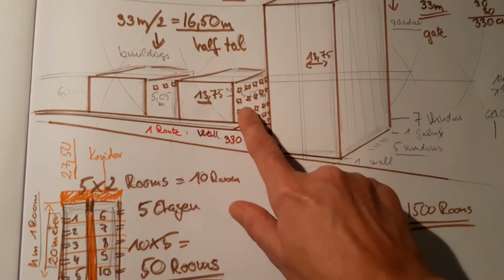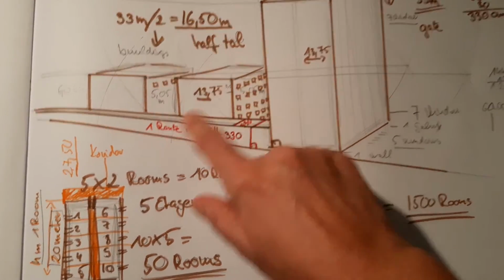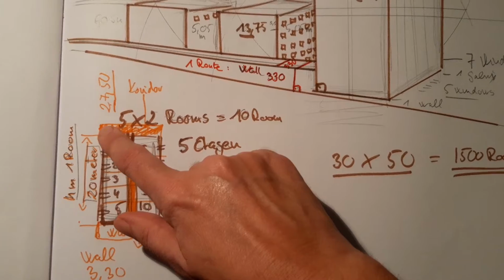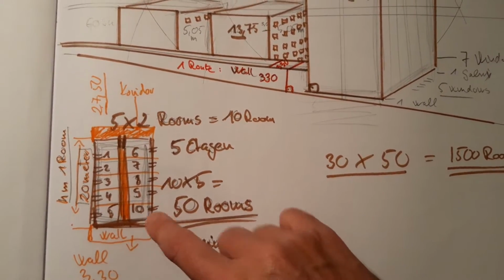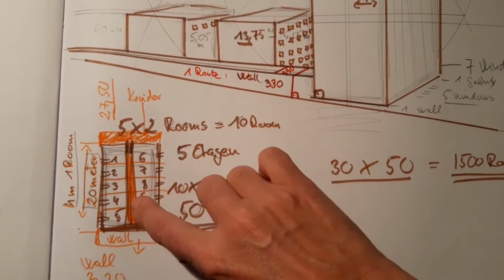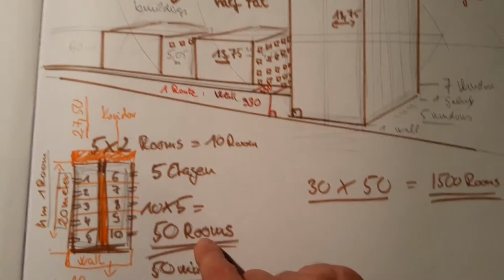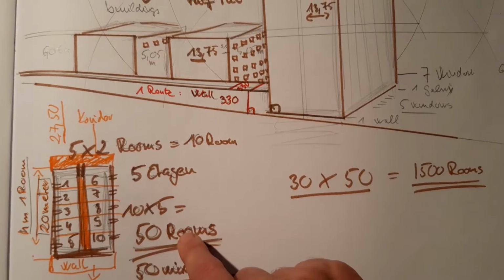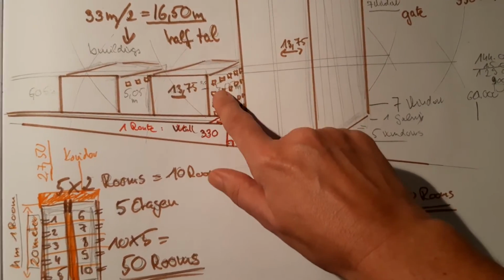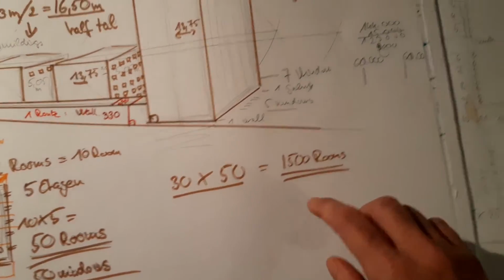And inside the building, here is the plan. This is the gallery, this is the wall, and you can enter there. And here are rooms, 10 rooms in one story, and 50 rooms in one building.